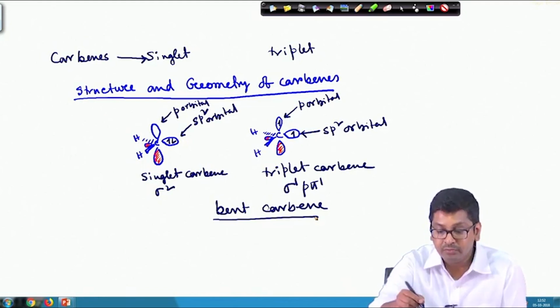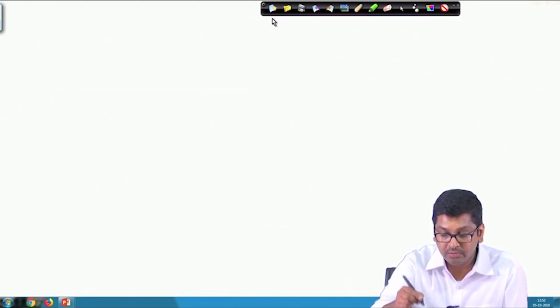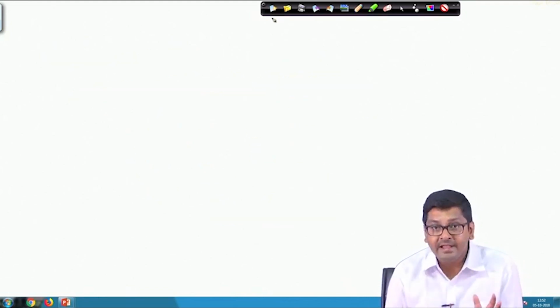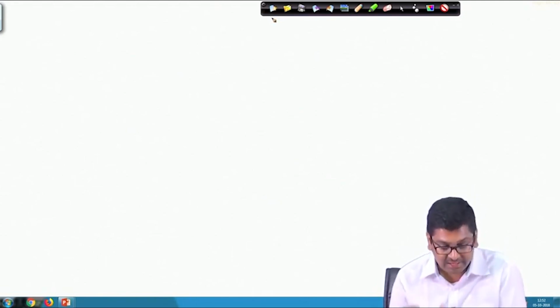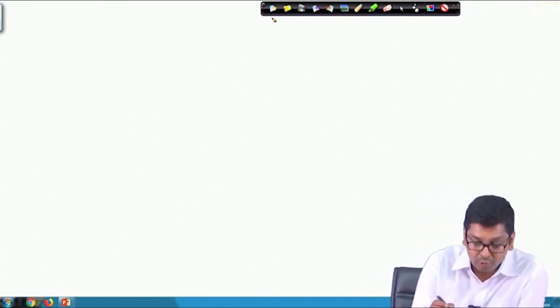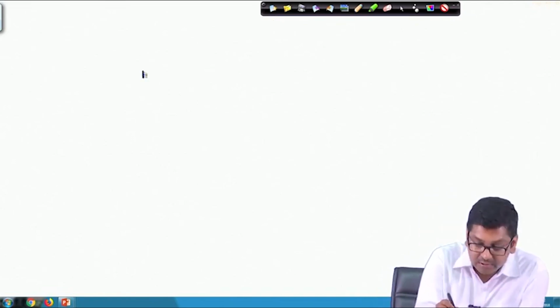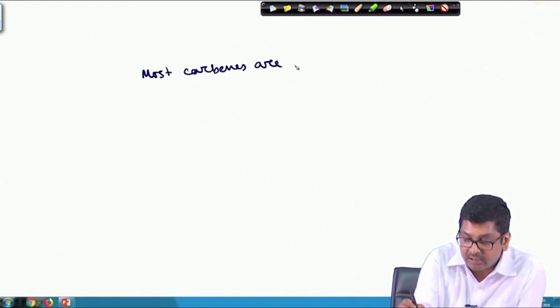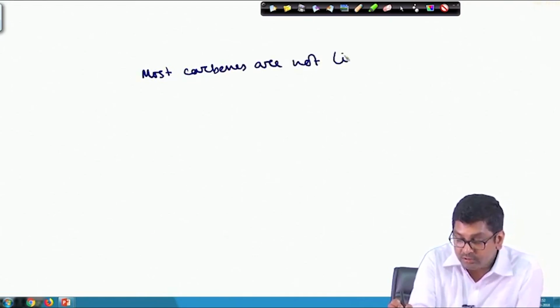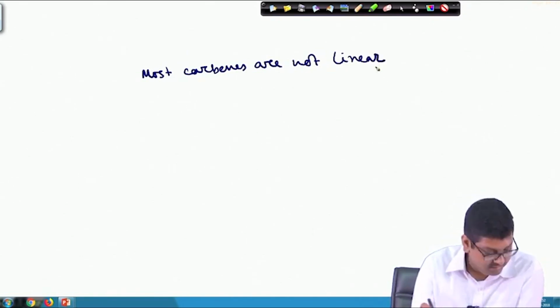Now, are there any linear carbenes? They are rarely found; most carbenes are not linear.